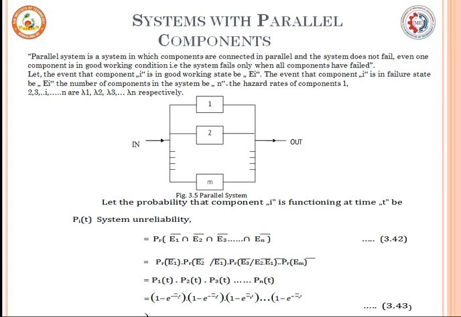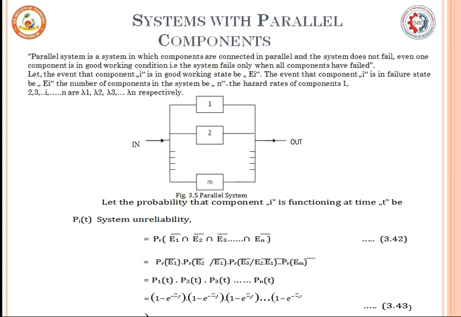If the connection is in parallel, in the parallel system the components are connected in parallel and the system does not fail even if one component is in good working condition. The system fails only when all the components have failed. Here you can see all the components are added, so the probability of the system with respect to time is considered.